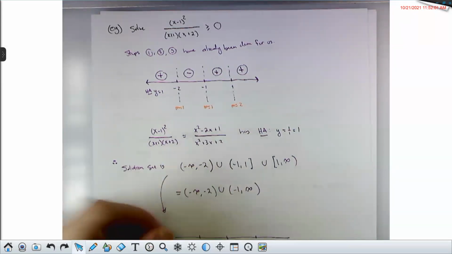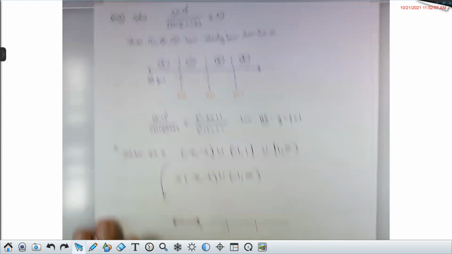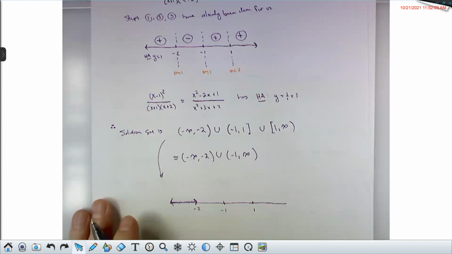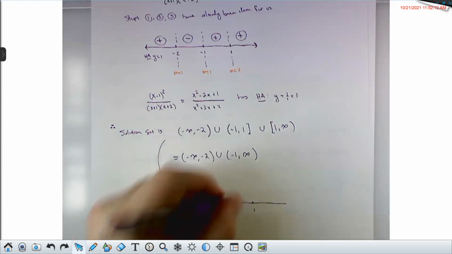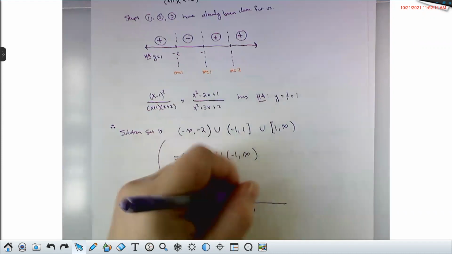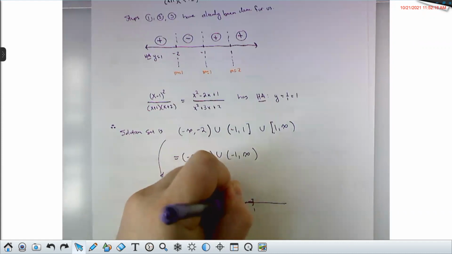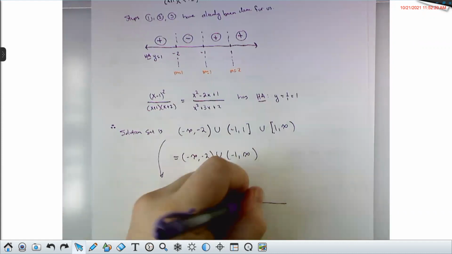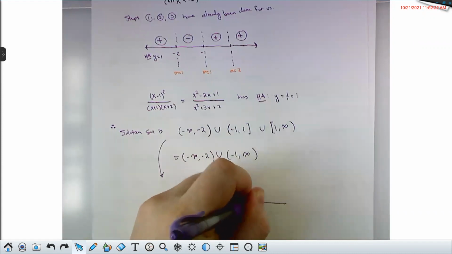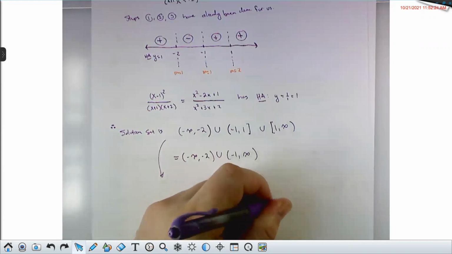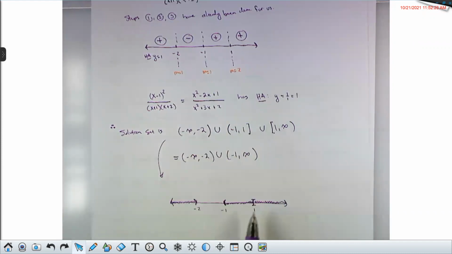The interval from negative infinity up to -2 with the parentheses there is like this, right? Everything up to but not including -2. The interval from -1 to 1 with the paren on the left and the bracket on the right is like this. And then the interval from 1 to infinity with the bracket on the left is like this. So the 1 is included in both of these, right?